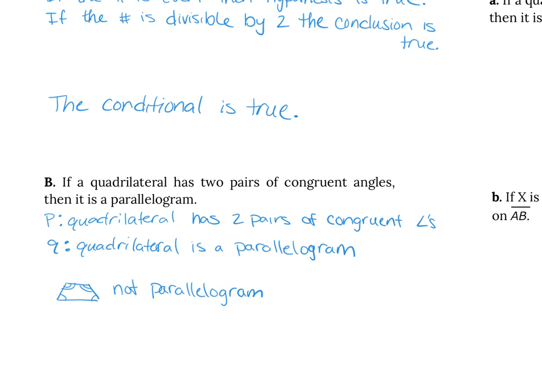To be a parallelogram, I need two sets of parallel sides, and I do not have that with this. So this would be a false conjecture, or a false conditional statement.